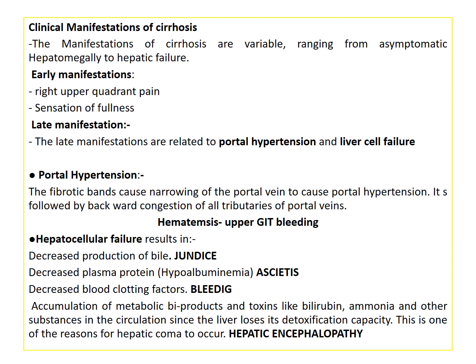As we know, they are synthesized in the liver. And hepatic encephalopathy occurs due to accumulation of metabolic byproducts and toxins like bilirubin and ammonia and other substances in the circulation, since the liver loses its detoxification capacity. This is one of the reasons for hepatic coma to occur.